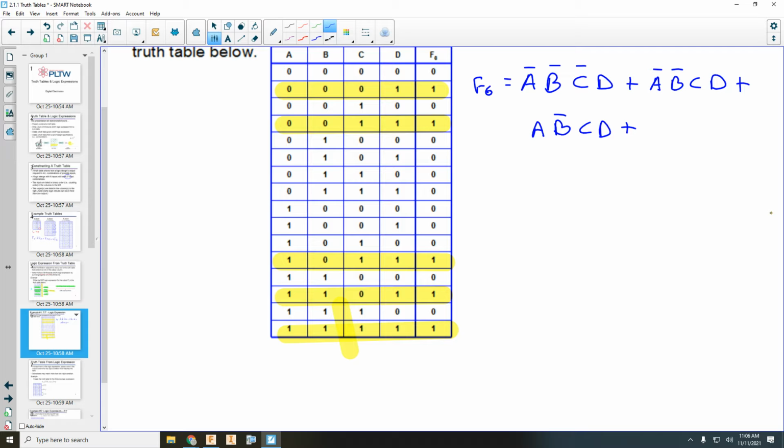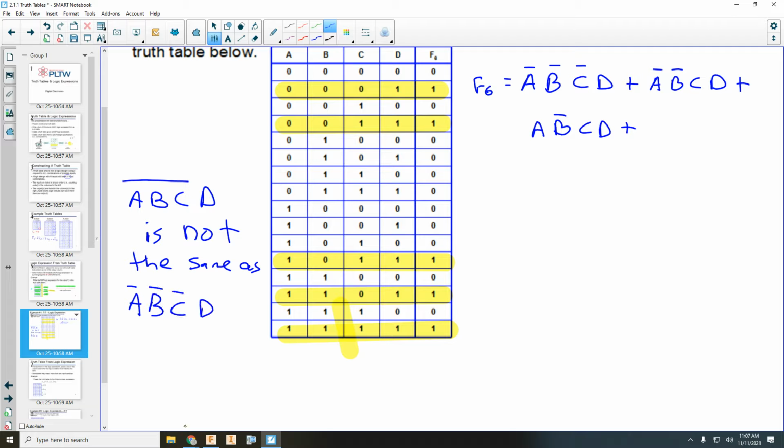Does that make sense? And the other distinction we have to be really careful of is, you can't do this. A, B, C, and A, B, C, D is not the same as A naught, B naught, C naught, D. Those are very, very different.